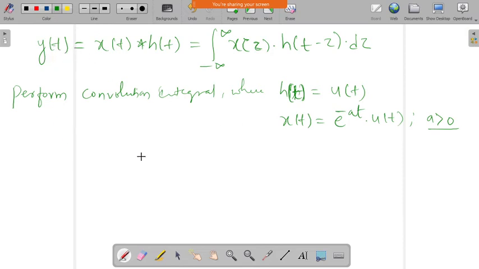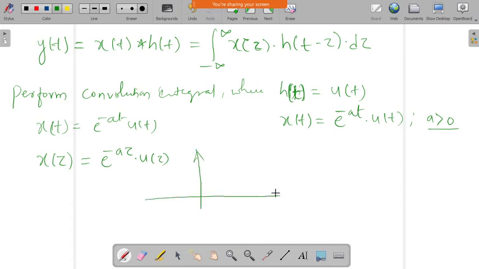So now first we need to sketch the signal x of t, and then h of t minus tau. Now x of t is given, e power minus at into u of t. Now I need to convert this to x of tau, which is nothing but e power minus a tau into u of tau. If I sketch this one, you are going to get the decaying exponential.